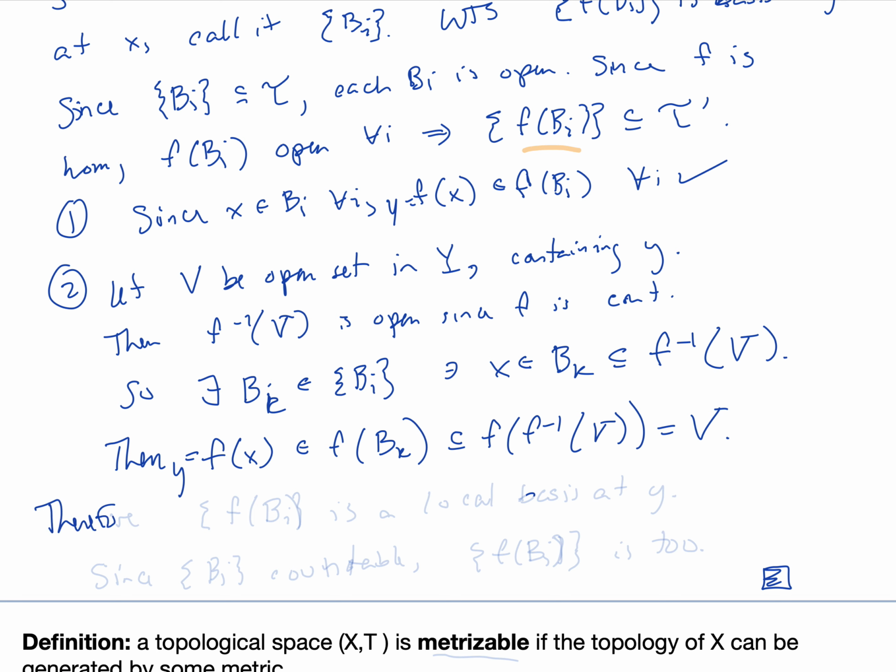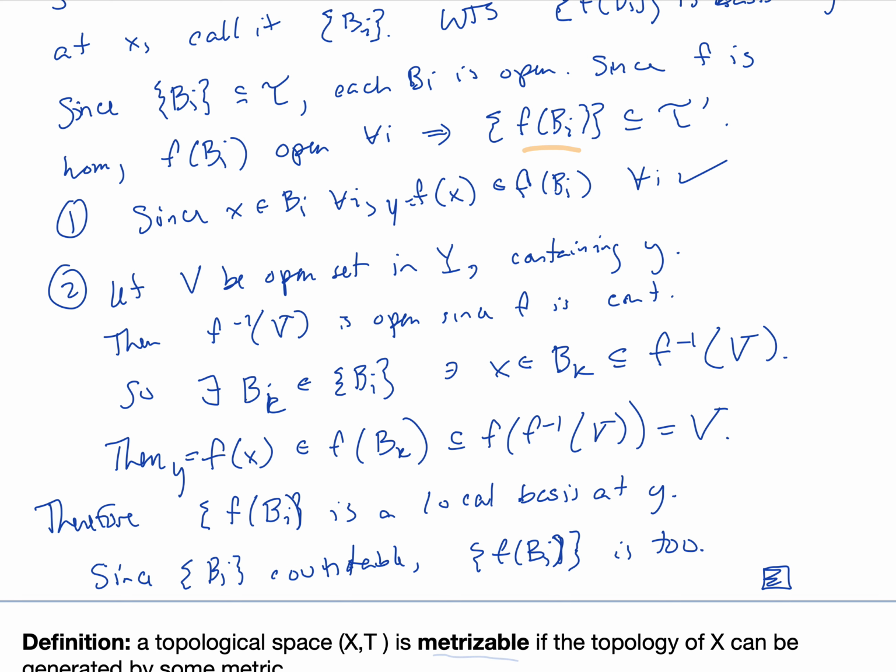So therefore, the collection f of B_i is a local basis at y, and since the collection B_i is countable, that means that the collection f of B_i is too. So we have a countable local basis at y for any y in the topological space.